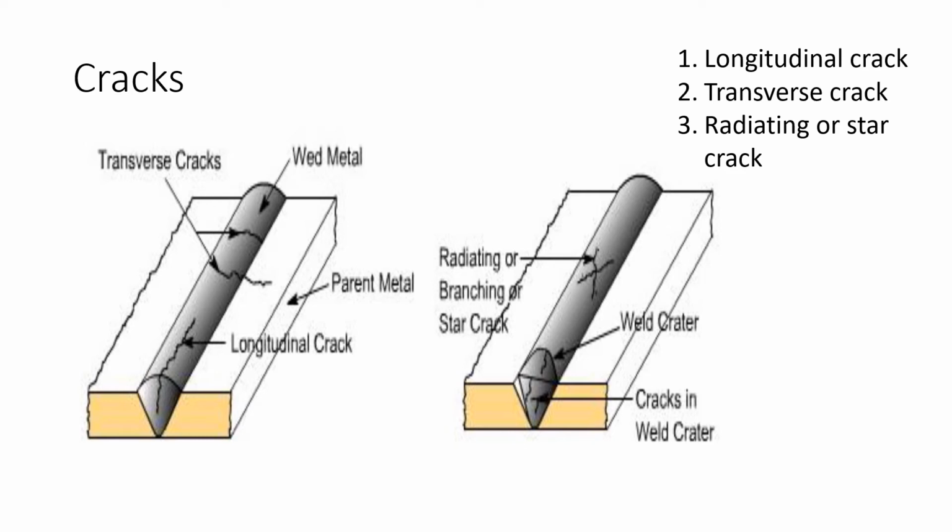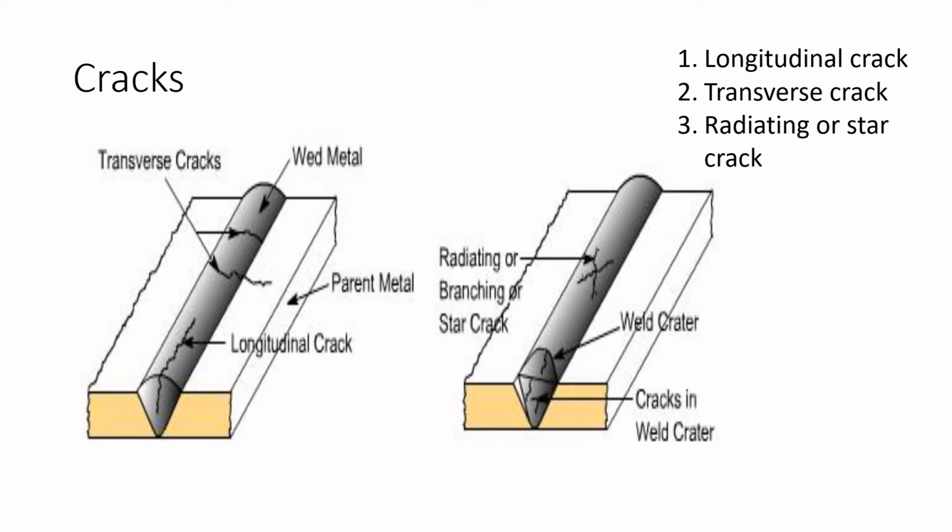Different categories of cracks, as we can see at the top right corner, are longitudinal cracks, transverse cracks, and radiating or star cracks. Cracks occur when localized stresses exceed the ultimate tensile strength of the material. This we will see in the next slide also.